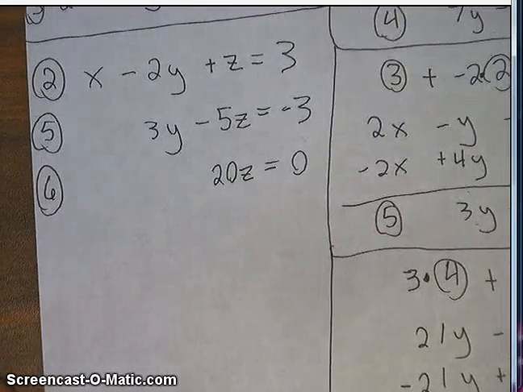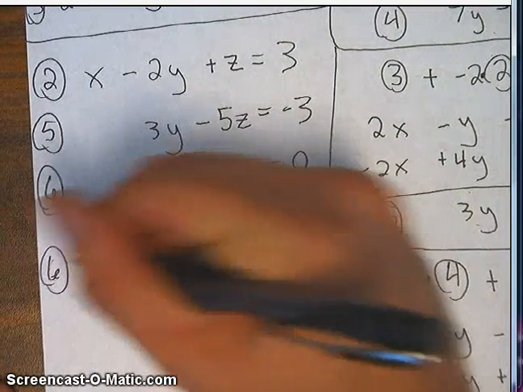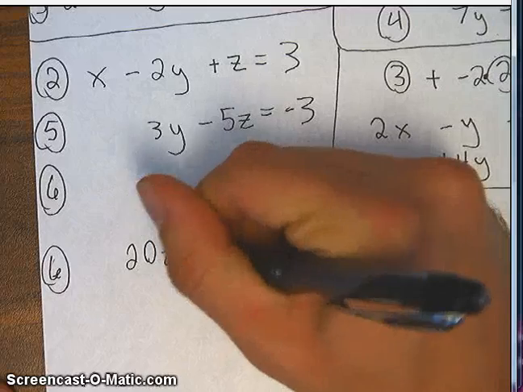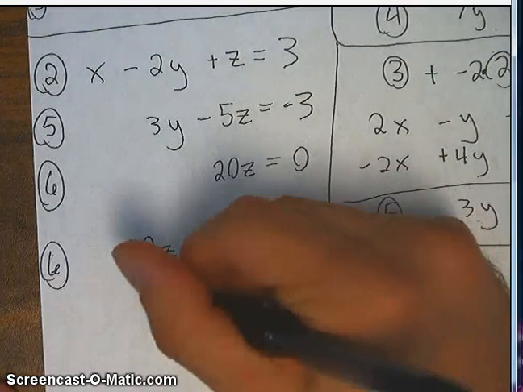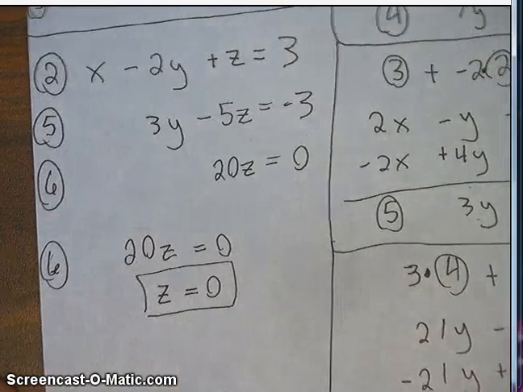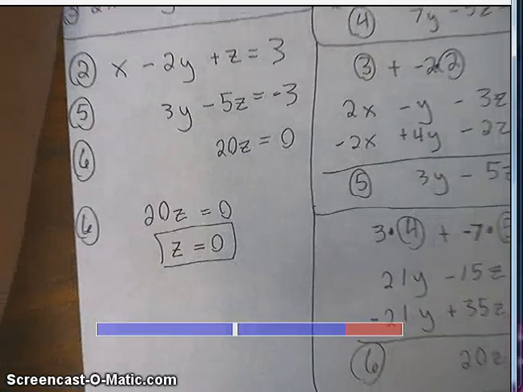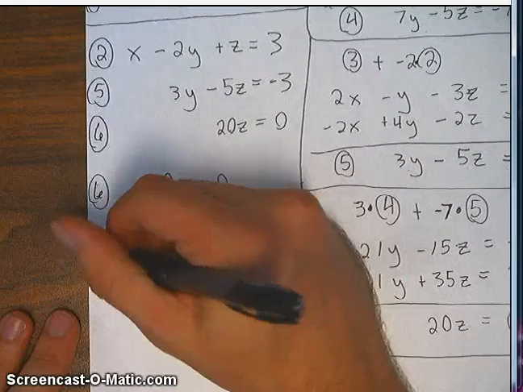So let's start with equation number 6. We've got 20z equals 0. Solve it for z. Divide by 20 on both sides. Z equals 0. All right, so we've got z. Now we're working from the bottom up. So 6 to 5.